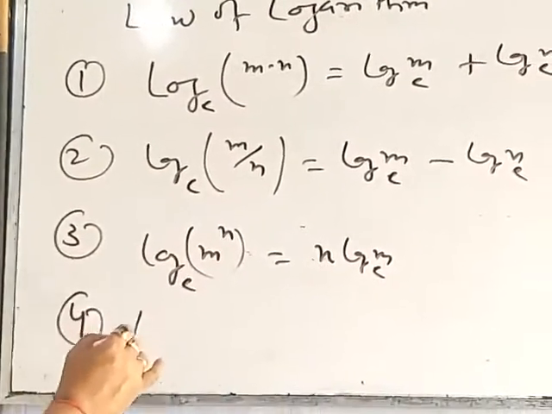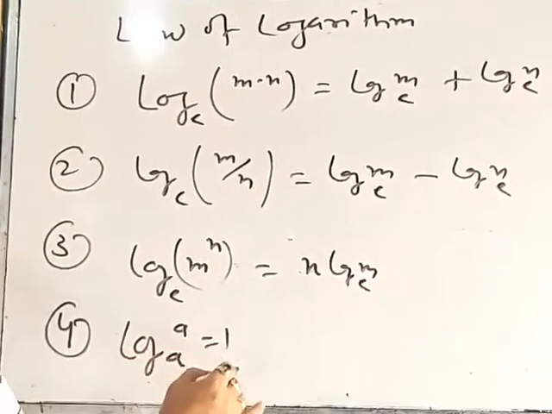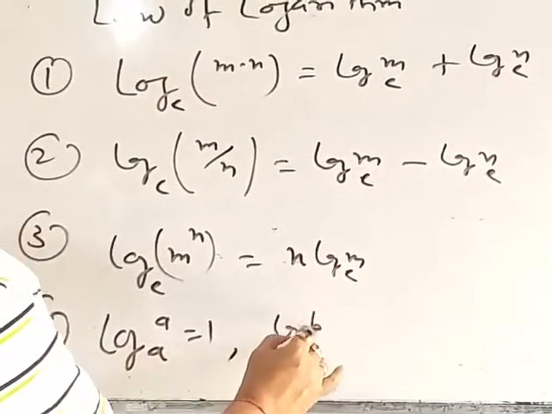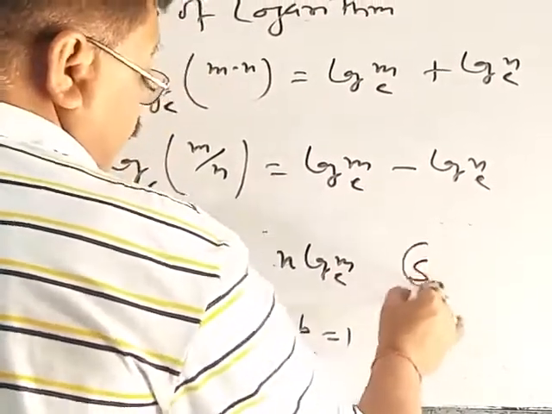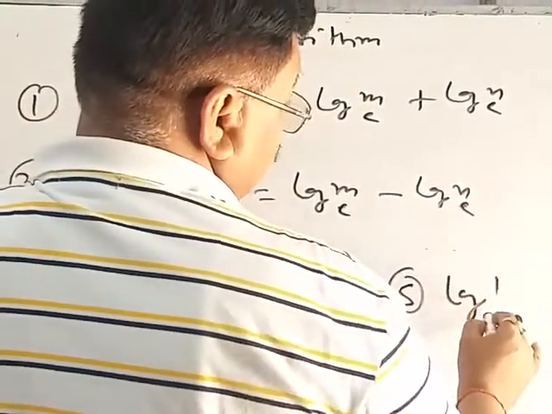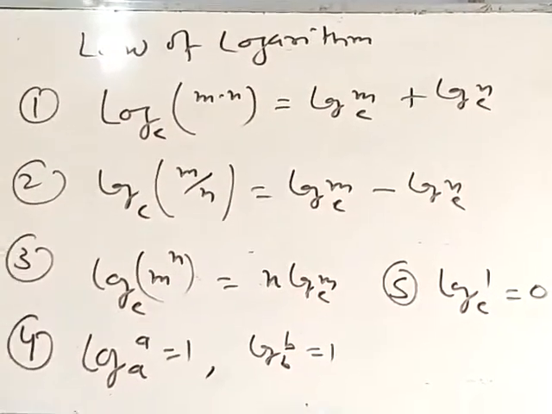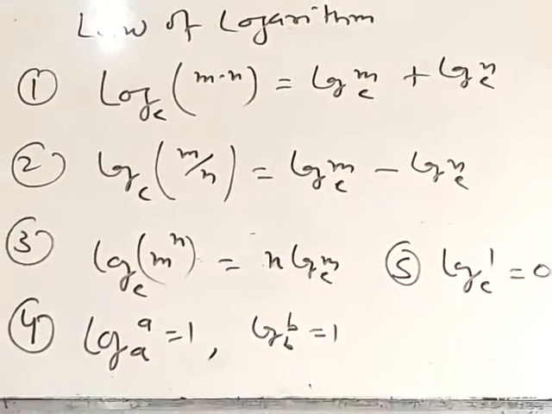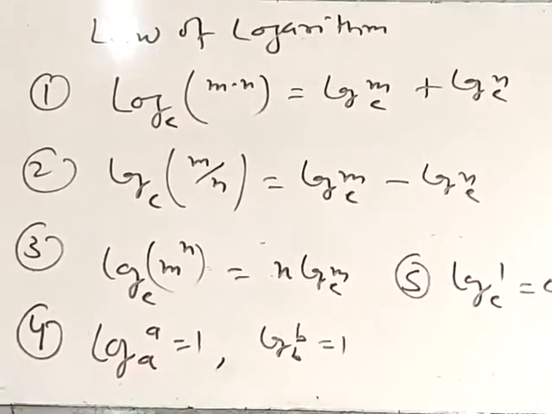Fourth, log of a to the base a is 1, log of b to the base b is 1, student. Fifth, log of 1 to any base is 0. These are the laws of logarithms. They will be used in solving the problems. You must remember this.